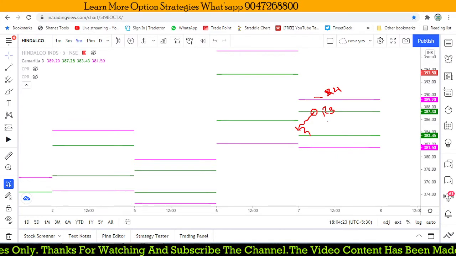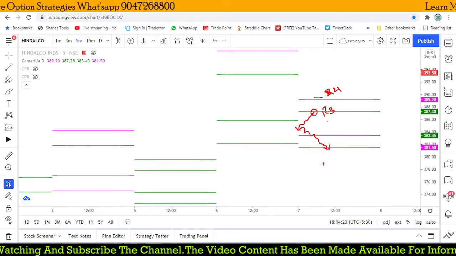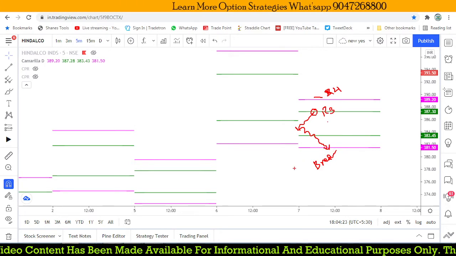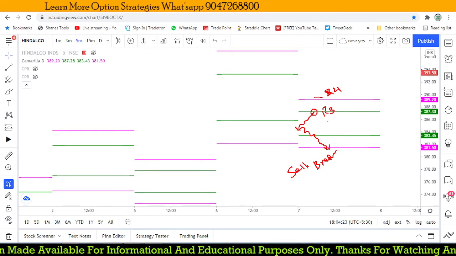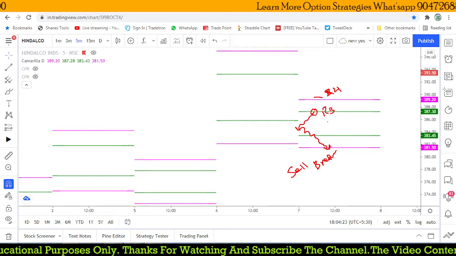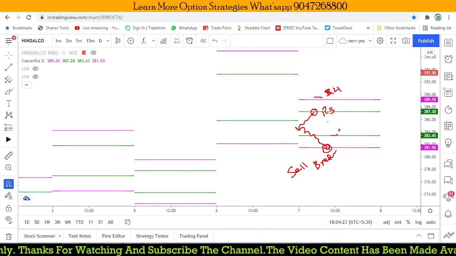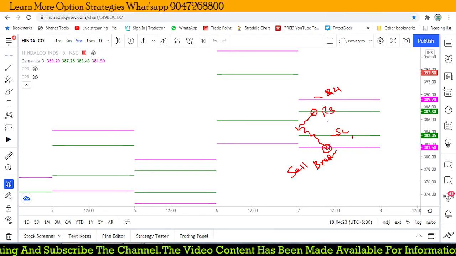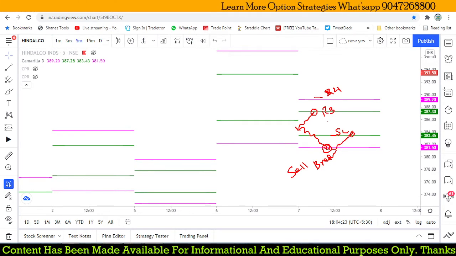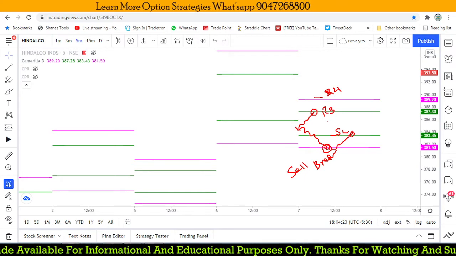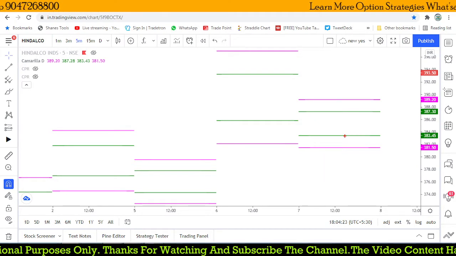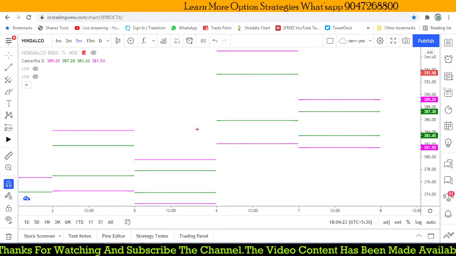Another kind of trade is a breakout or breakdown trade. We expect a sell breakout from here, and if we take a sell breakout at this point, we place the stop loss over here, where if the market reverses, we exit. So these are the two trade ideas we have taken based on the Camarilla levels.